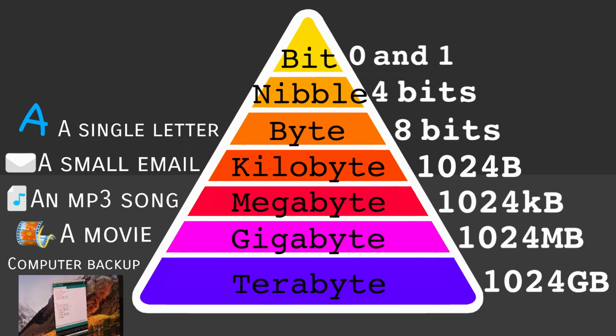Next we have the kilobyte, composed of 1024 bytes, or a single picture. Next we have a megabyte, equivalent to 1024 kilobytes, or an MP3 song. Next we have a gigabyte, equivalent to 1024 megabytes, or a single movie. Next we have a terabyte, equivalent to 1024 gigabytes.